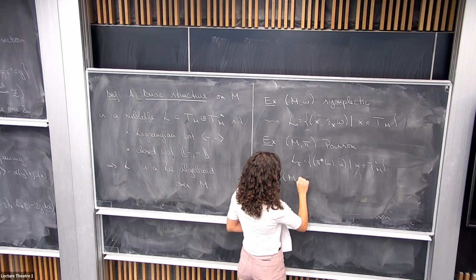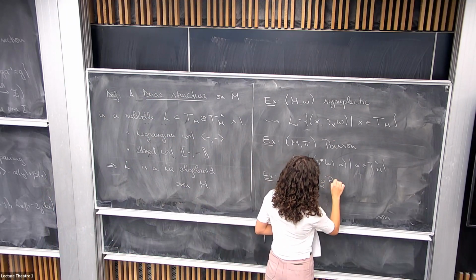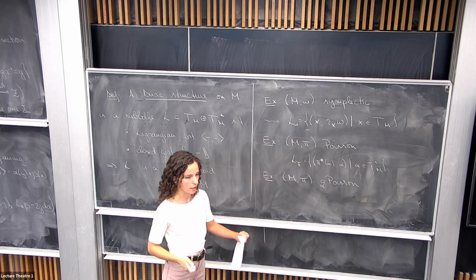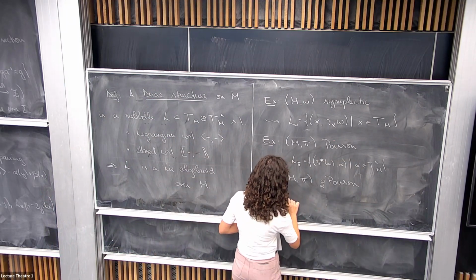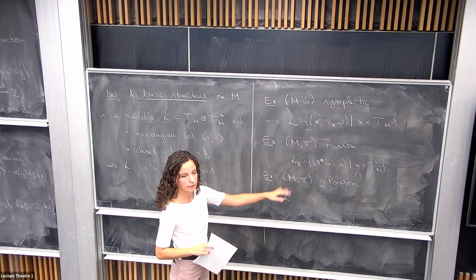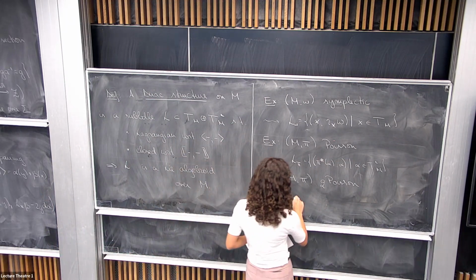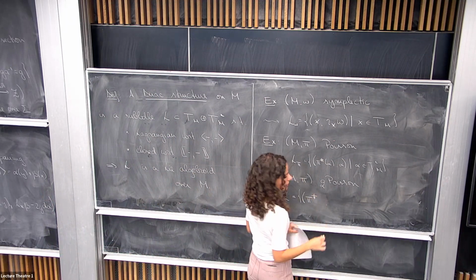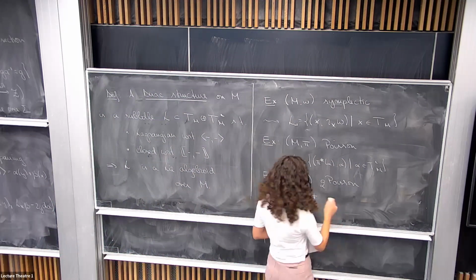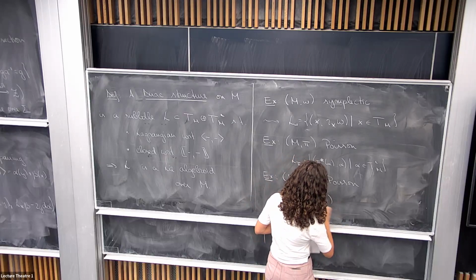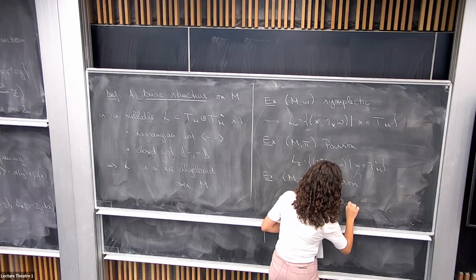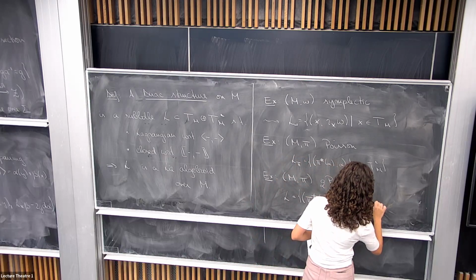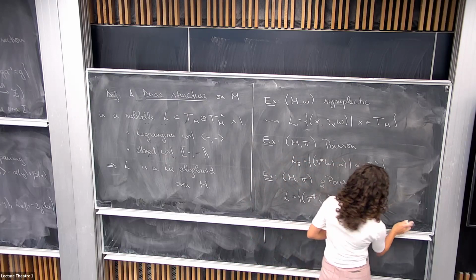And quasi-Poisson things also fit into this framework, but in a somewhat more complicated way that I won't say in full detail. So if I have a quasi-Poisson manifold, then the quasi-Poisson bivector also corresponds to a Dirac structure. But this Dirac structure is no longer the graph of something. It has something that looks like pi sharp of alpha plus Cm in the first coordinate and some more complicated function in the cotangent coordinate.